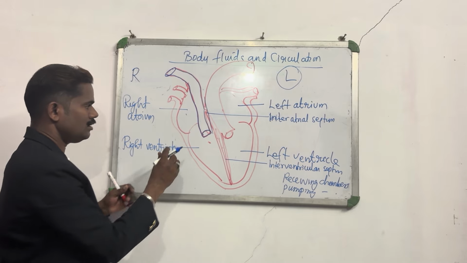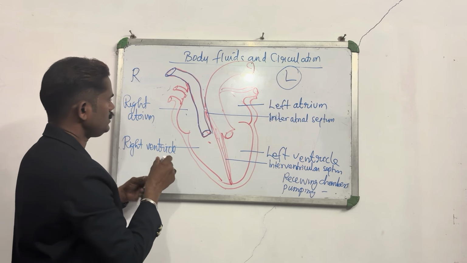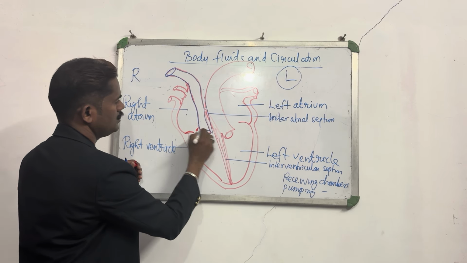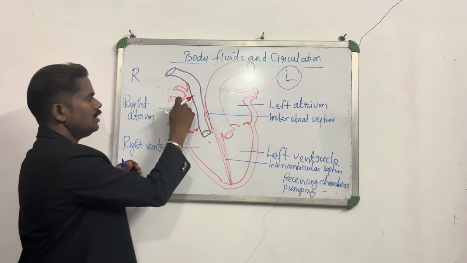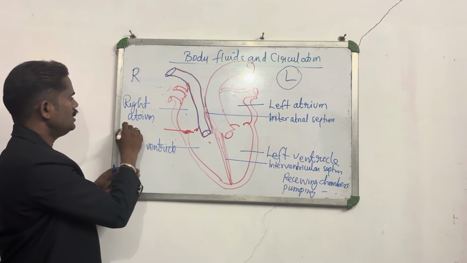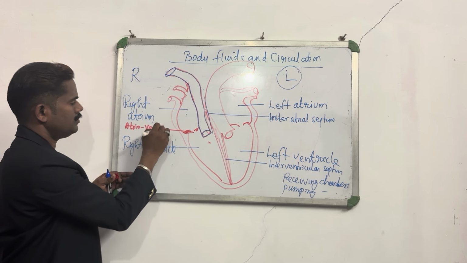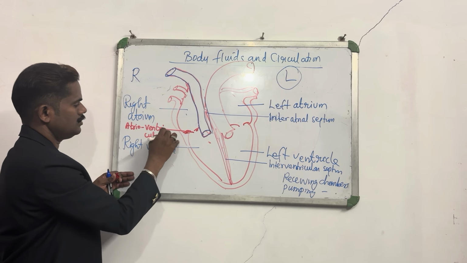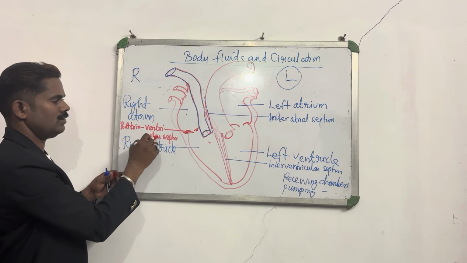And there is another wall between the right atrium and right ventricle. This is called the atrioventricular septum. This is on the right side, so we say the right atrioventricular septum.